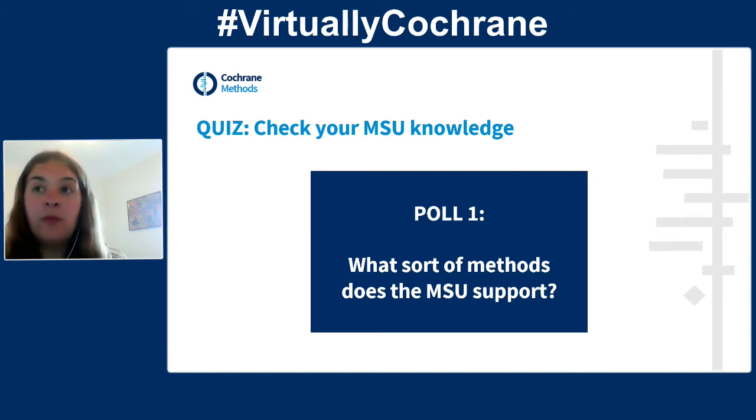Okay, yeah, so the Method Support Unit supports quality assurance of novel or lesser used methods that require specialist expertise, but also we work closely with the CRG network staff, so we can spot and resolve common errors and challenges with more standard methods as well. So as I mentioned, the review screening, there's an established process through the associate editors for the networks, and we aim to provide guidance and advice when that expertise isn't otherwise available from the associate editors or the network support fellows or the network senior editors.